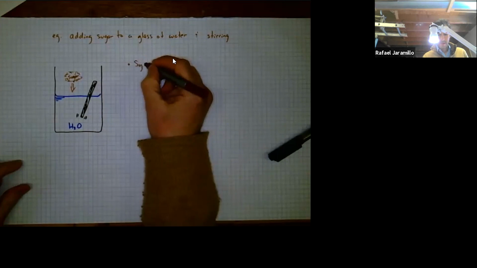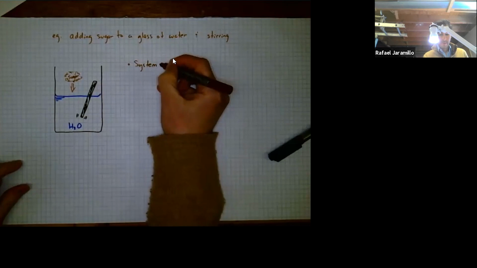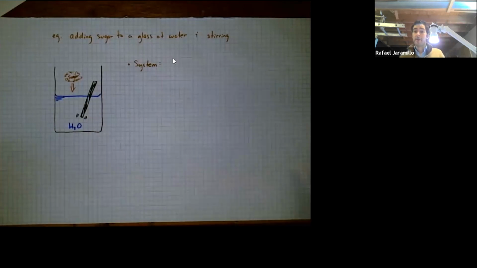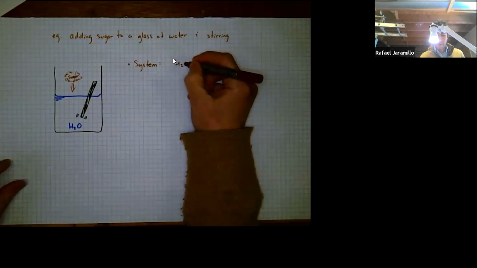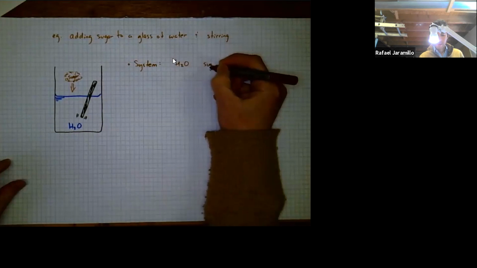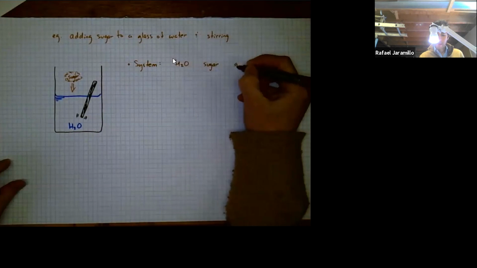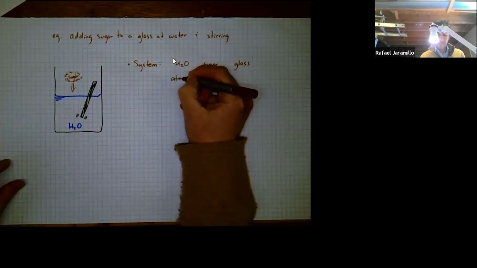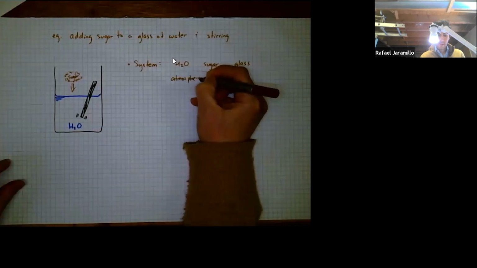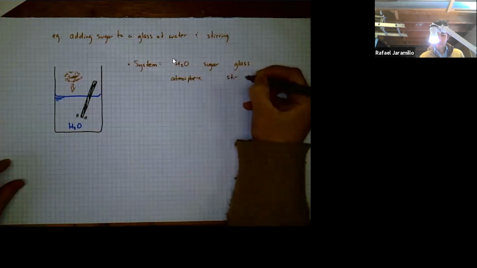Let's talk about the system. First, I'm going to write down a list of all the things in this picture. So the things are water, sugar, the glass, the atmosphere. I didn't really draw it, but it's there. And the stir stick and the stir bar.